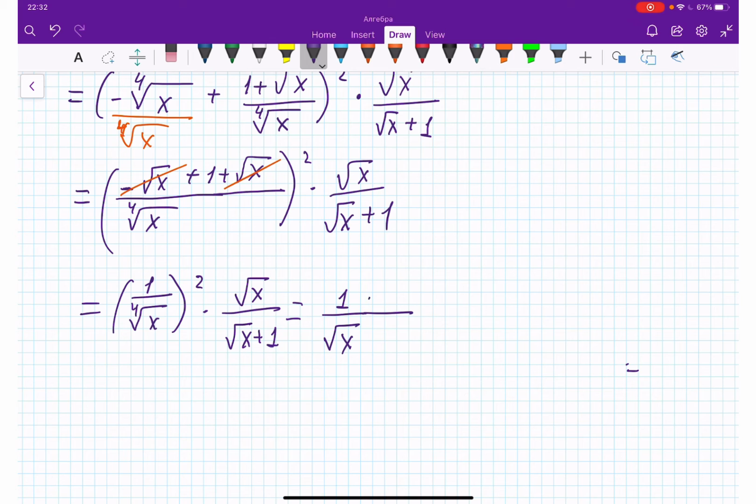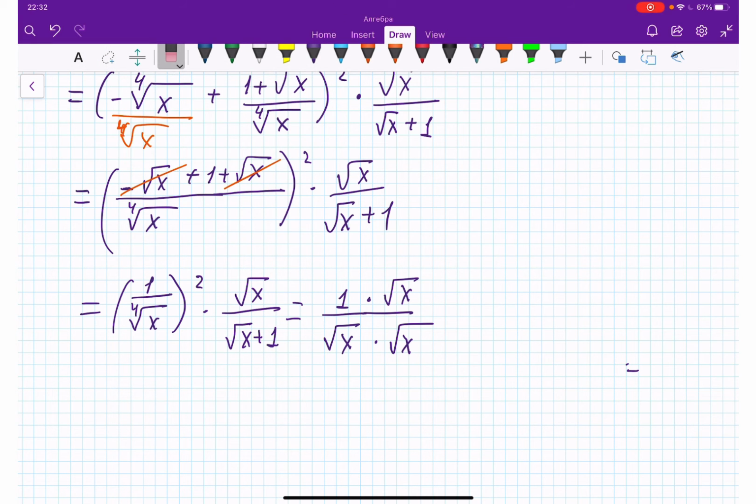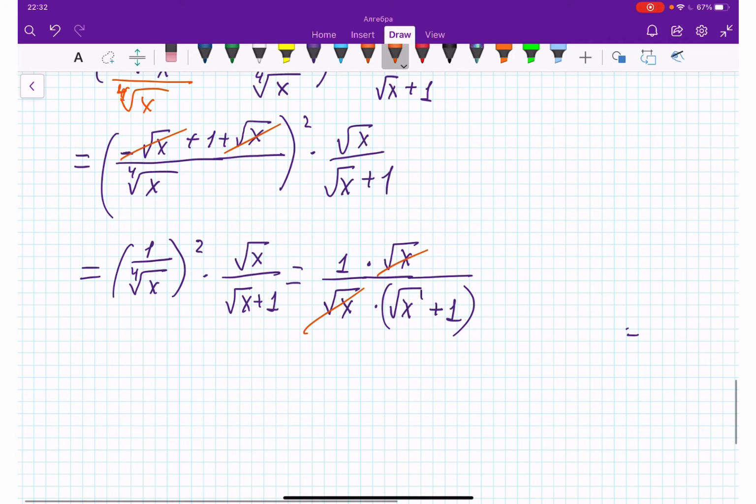And times multiplying square root of x, and here square root of x plus 1. So from here, this is gone with this, and we are getting 1 over square root of x plus 1.